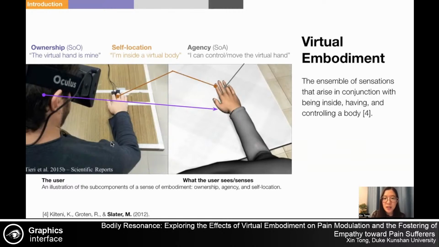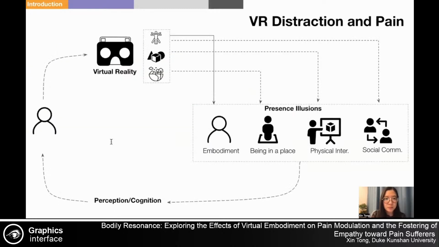Sense of agency refers to the sense of having global motor control over the body. Sense of self-location refers to one's spatial experience of being inside a body. Among all non-pharmacological treatments for pain, immersive VR has shown outstanding promise for pain management.